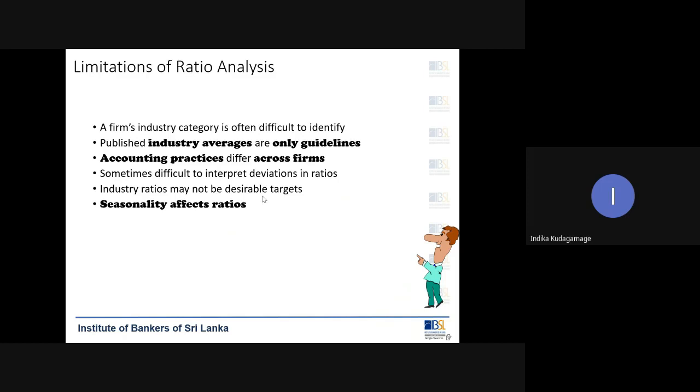So if you take shoe sellers' account for September, you miss the December figures. So your ratios would be different. Requirements would be different. For shoe manufacturers, if you take June figures, again your ratios would be different. So seasonality affects the ratio.